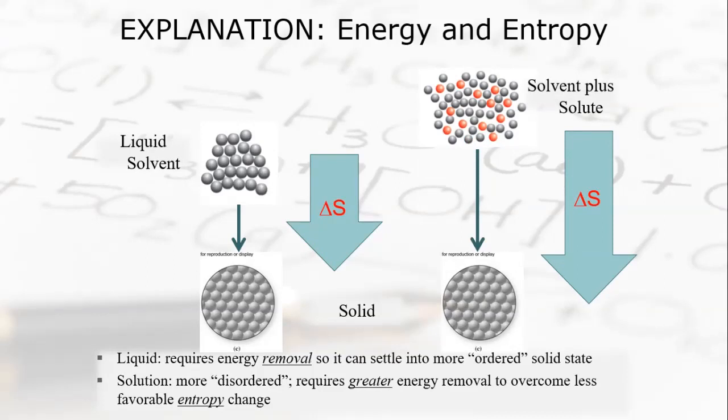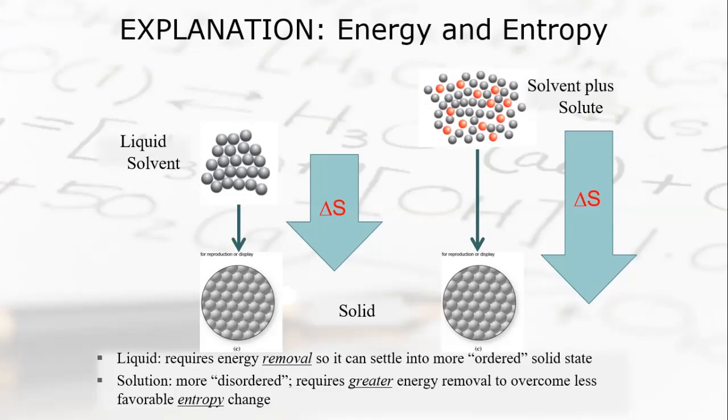Since you're fighting against nature's tendency of wanting entropy to increase, we're going to require a greater energy removal because we had to overcome what is essentially a less favorable entropy change.